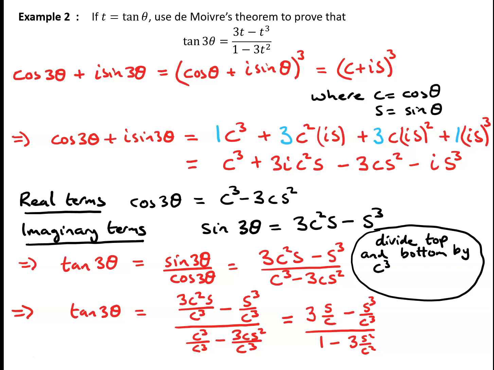So my simplified form of this fraction, remembering that s over c is simply equal to tan theta, in other words t, I have got now that the tan 3 theta is 3t minus t cubed over 1 minus 3t squared, as required.